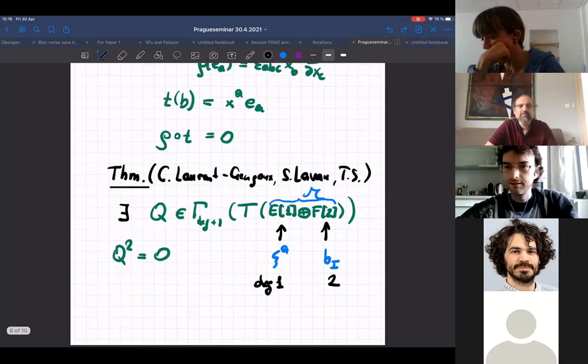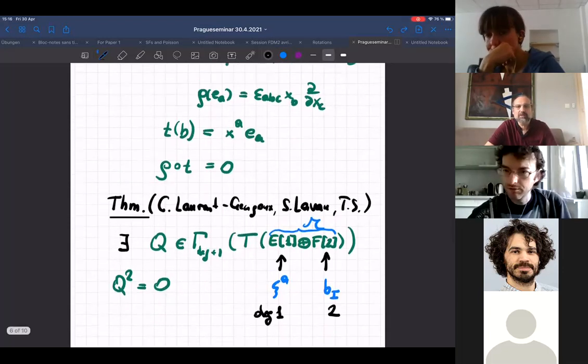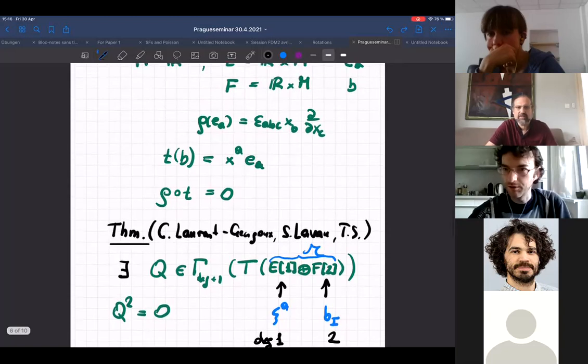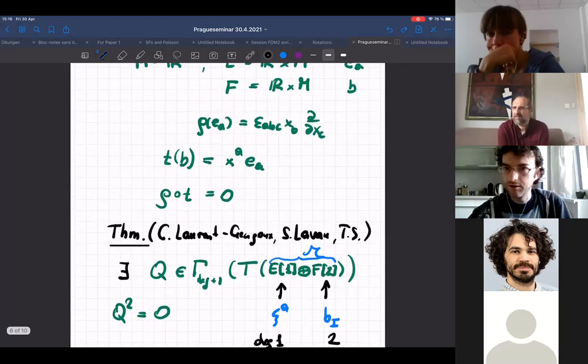Where is it recorded though? The result? This one, you mean? No, I mean the one at the beginning, about the universal L-infinity. Yeah, this one. So this is in Documenta, I think is the name of the journal. I think it appeared last year, in the end of last year. Okay, thanks.